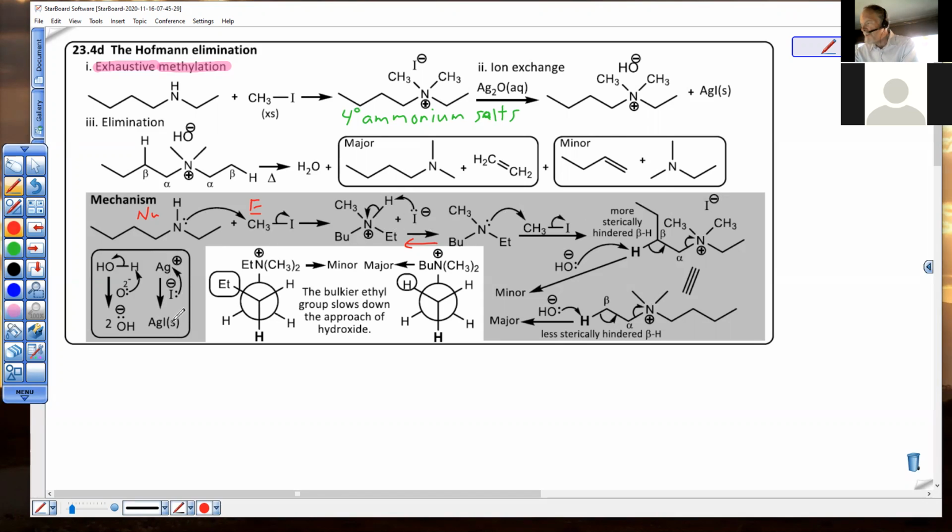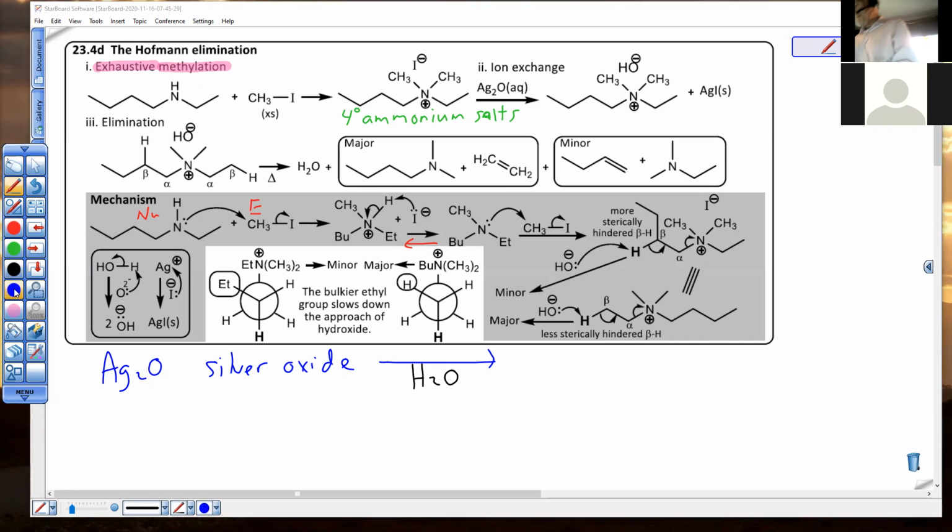The chemicals added in step 2, you'll see here, are Ag2O, silver oxide, and you put it in water, and it does what a lot of ionic compounds do.